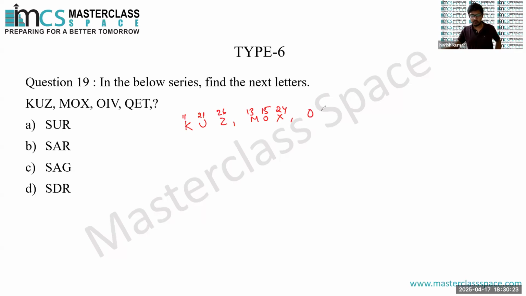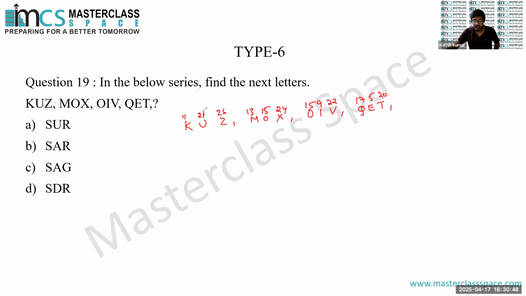What about next one? OIV. O is 15. TUV. V is 22. And what is I? IJ. So this is 9. Okay. And QET. So what is Q? Q is 17. P is 16. O is 15. OPQ. So this is 5. And what is T? T is HOT 20, right?